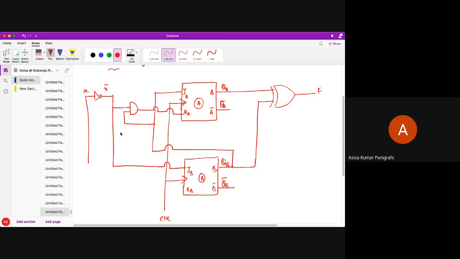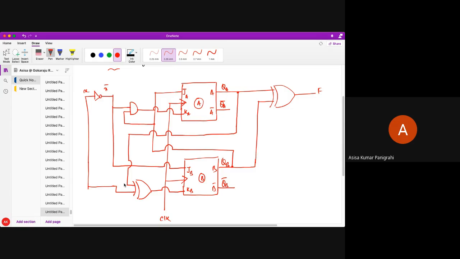KB is X XOR QA. Where is my QA? Here it is my QA. XOR QA.